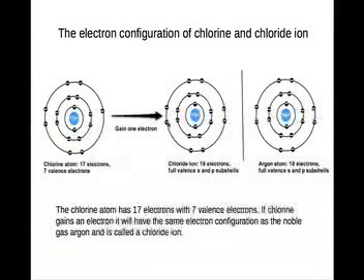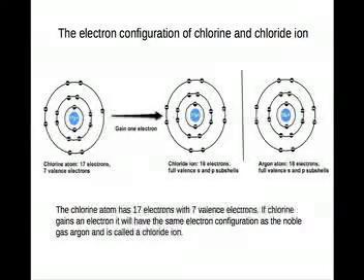But chlorine is still chlorine. We haven't changed the nucleus. It has 17 protons. So after gaining an electron, it now has 18 electrons. The number of electrons is not equal to the number of protons. The atom now has a negative charge. It is an ion, an anion.